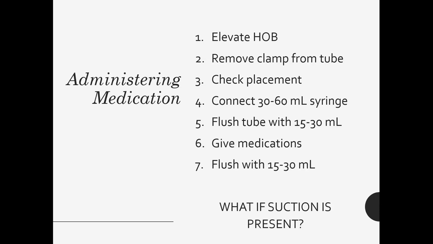So with your piston syringe, just flush it with 15 to 30 milliliters of water. And then you're going to give the medication. So sometimes they're liquid, a lot of times they're pills that have to be crushed and then mixed with a little bit of water and then poured into the piston syringe. That's probably what you'll be doing.